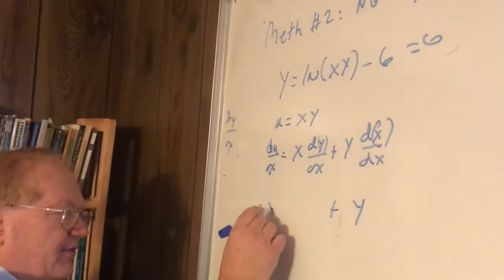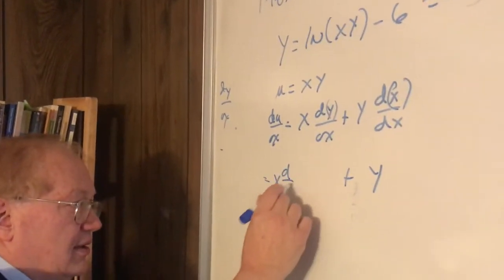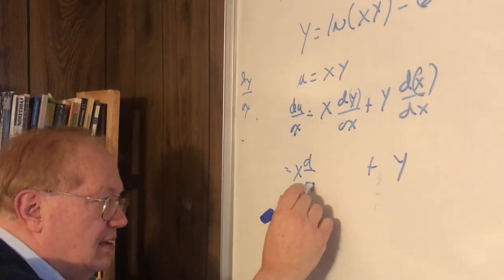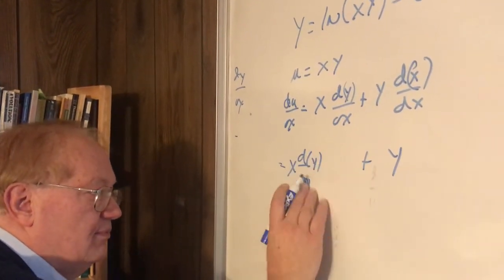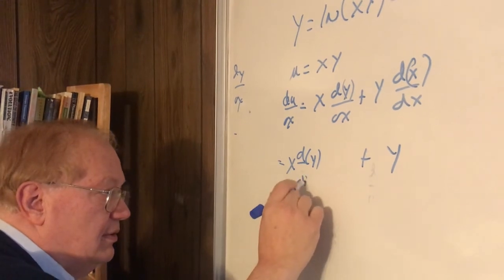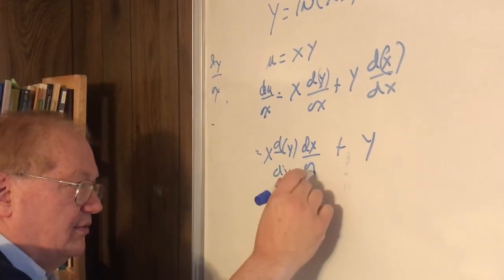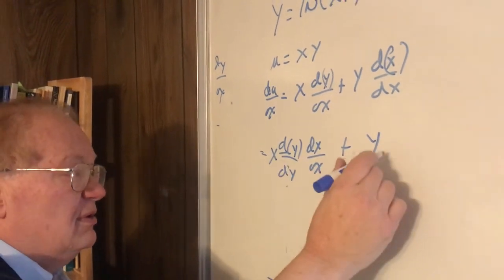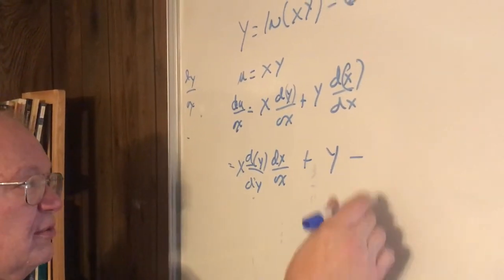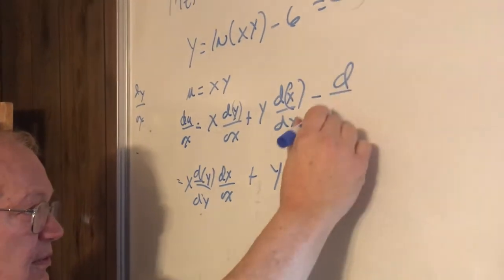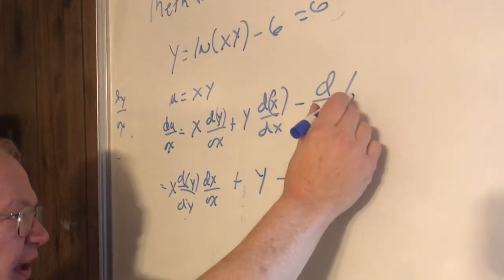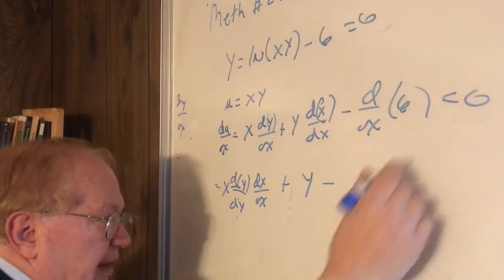This is going to be x times dy/dx. Minus, of course, the derivative with respect to x of 6, and that is 0.